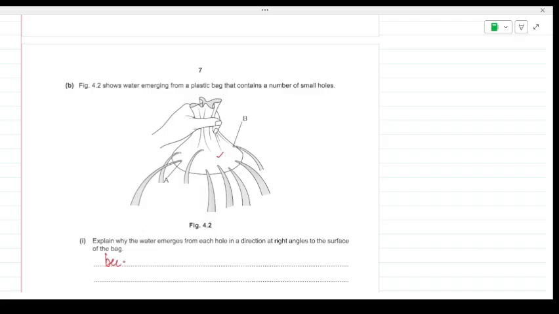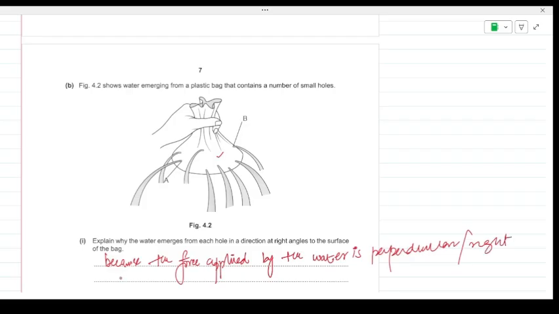Because the force applied by the water is perpendicular, or at a right angle, to the surface of the bag, the water emerges from each hole in a direction at a right angle to the surface of the bag.